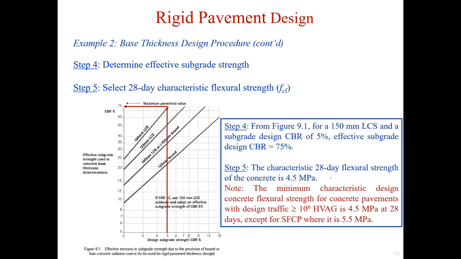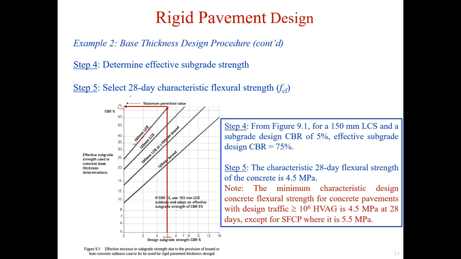Step 4 is to determine the effective subgrade strength. From figure 9.1, for 150 millimeter LCS and subgrade design CBR of 5%, so that's 5%, that's 150 LCS, we found the effective subgrade design CBR equal to 75%.